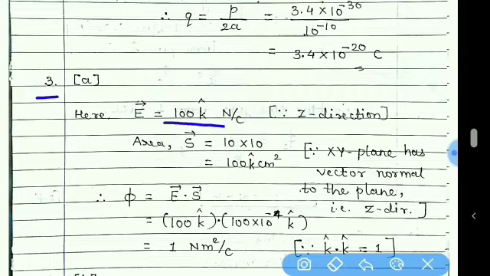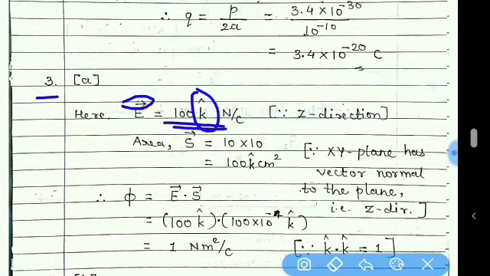The electric field is along the Z direction, and as E is in vector form, I have kept the direction for it, which is along Z. So here we have kept K cap, which indicates the Z direction.